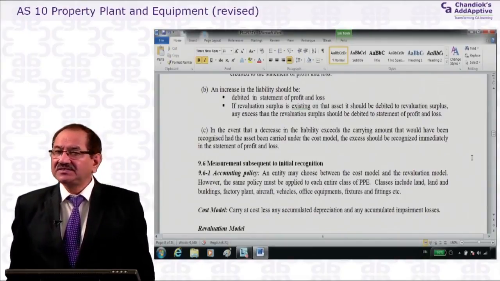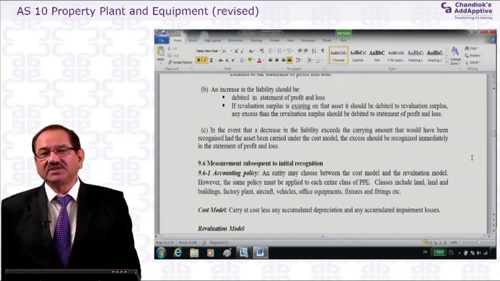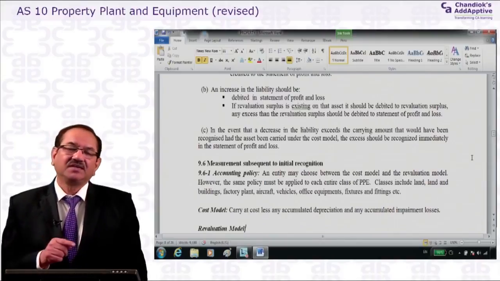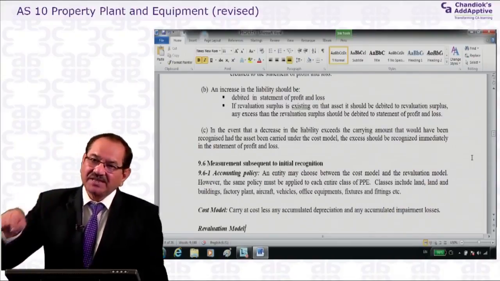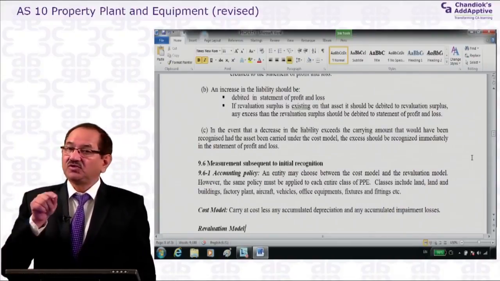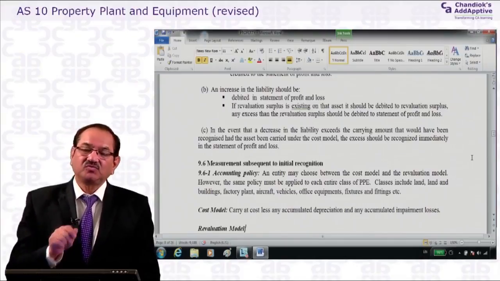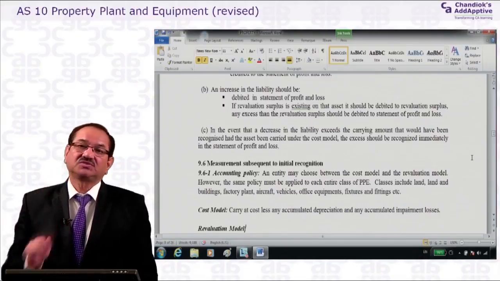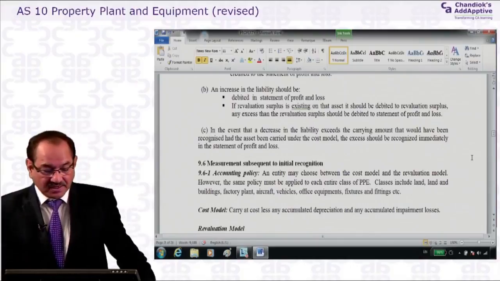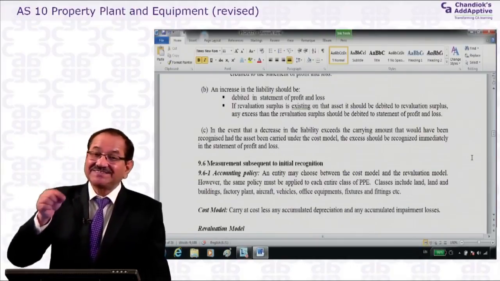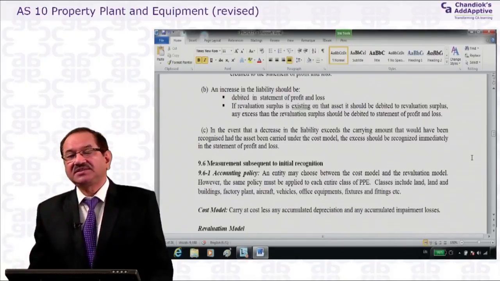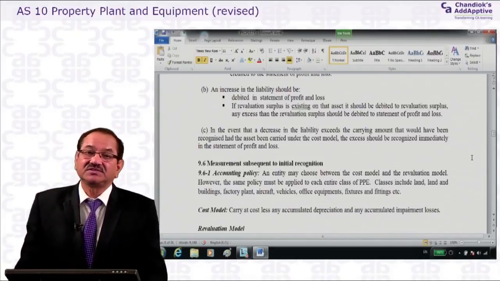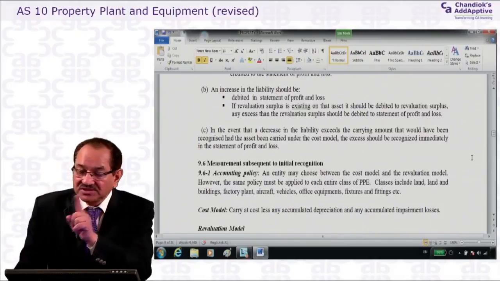The question arises on 31st March 2017, what amount you will be showing in the balance sheet, whether 22 crores, less than 22 crores, more than 22 crores. So now this accounting standard sets the principle for measurement subsequent to the initial recognition, and that is on 31st March 2017.